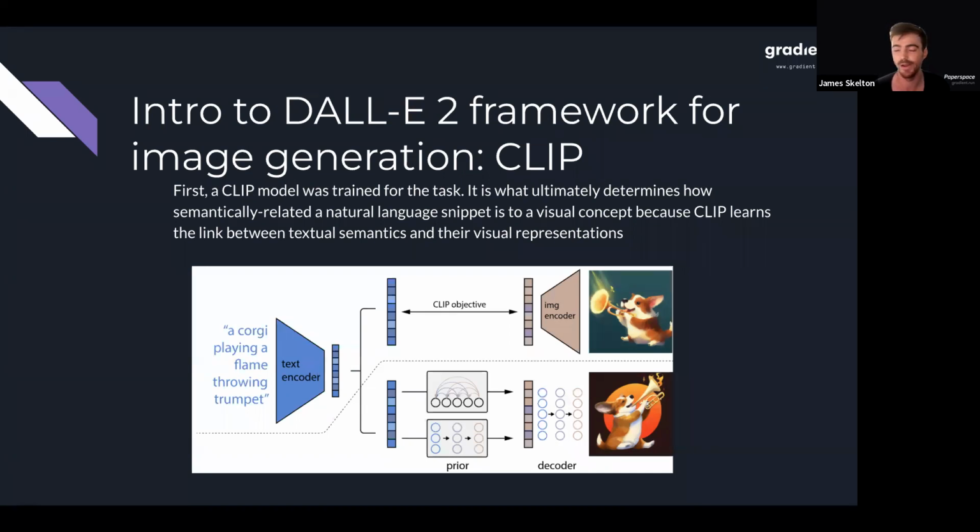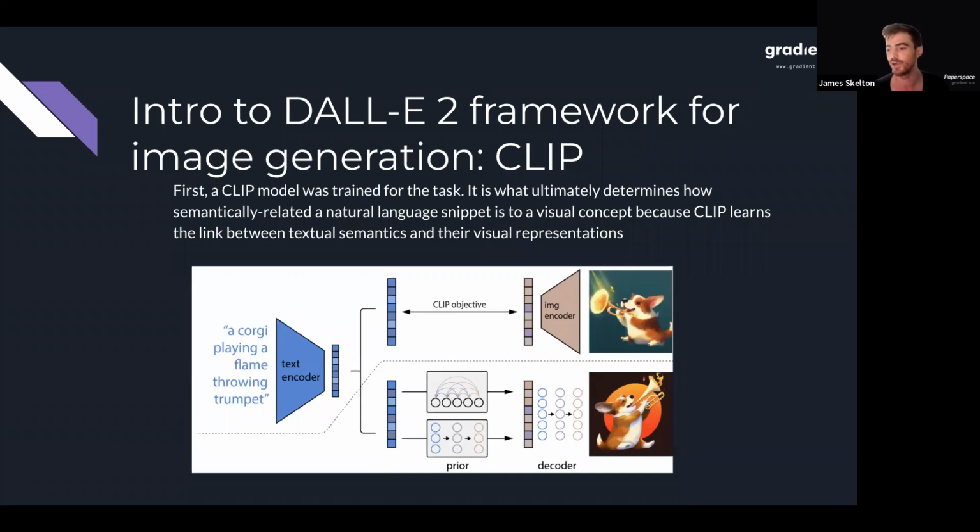So in a nutshell, what happens in DALL-E 2 with CLIP is first, all the images and their associated captions are passed through their respective encoders, which map all the objects into an n-dimensional space. Then they get the cosine similarity of each image and text encoding pair.